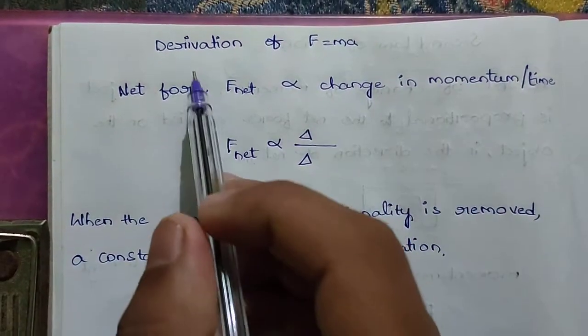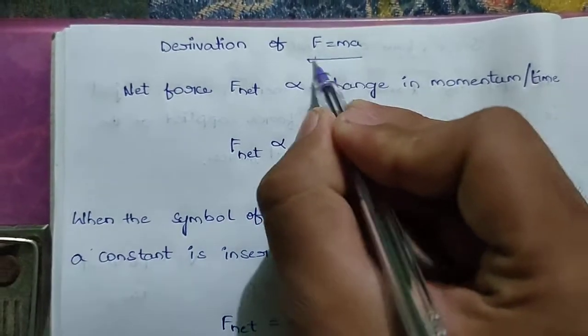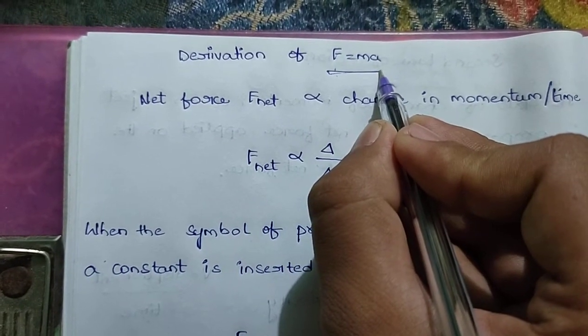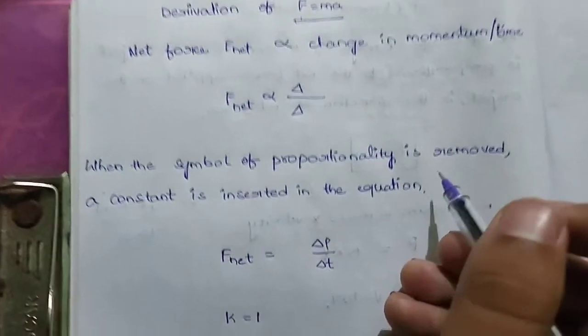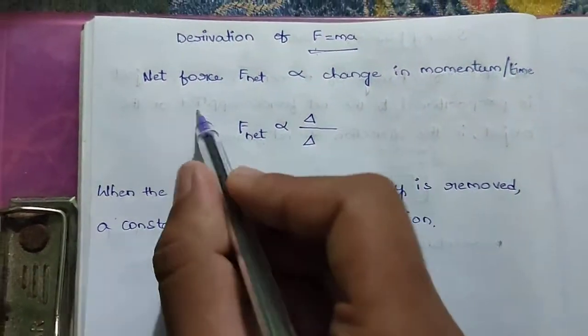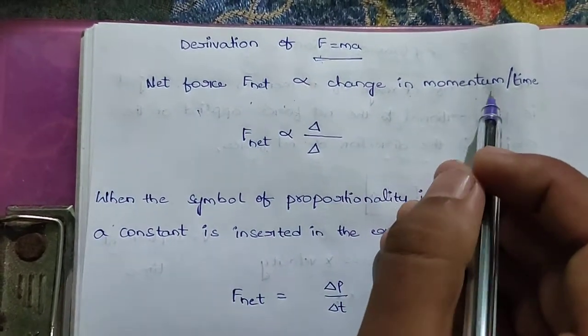Now we'll derive the equation F = ma, which is the equation for the second law of motion. In the derivation, we know that the net force is directly proportional to the change in momentum per time.